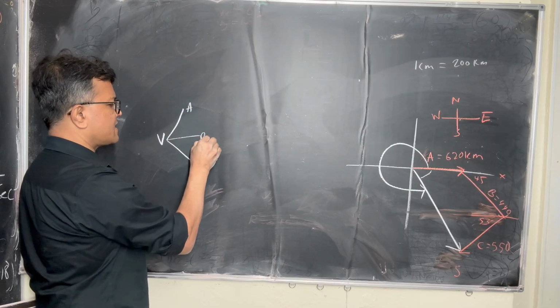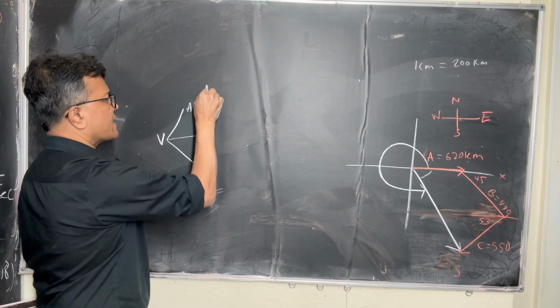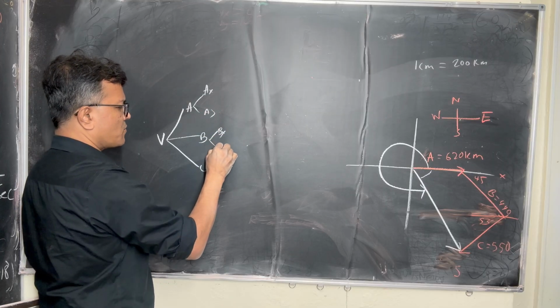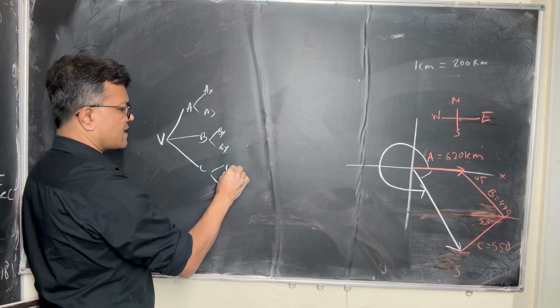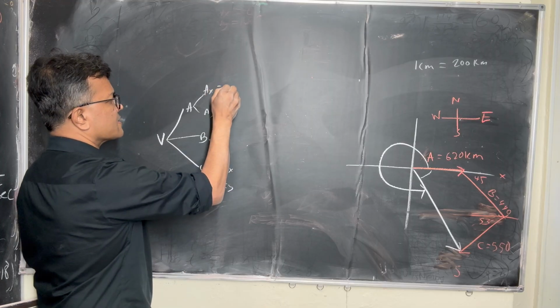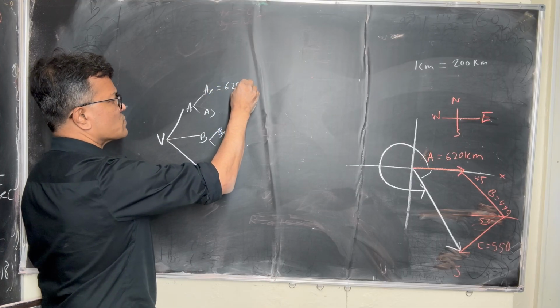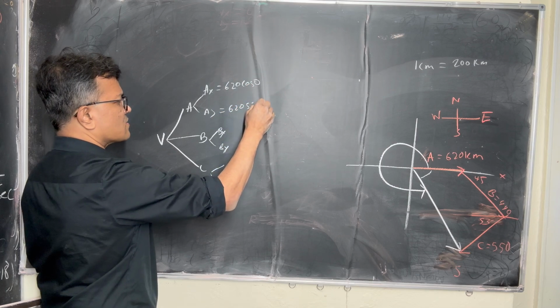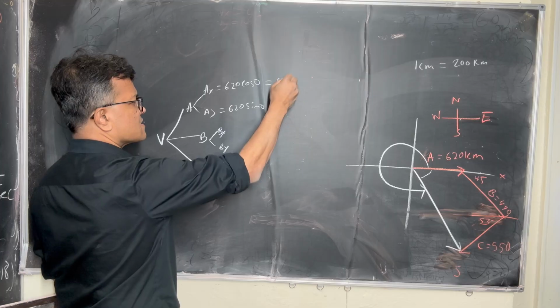A, B, and C. AX, AY, BX, BY, CX, CY. 620 cosine 0, 620 sine 0. So I'm going to say this is 620, this is 0.